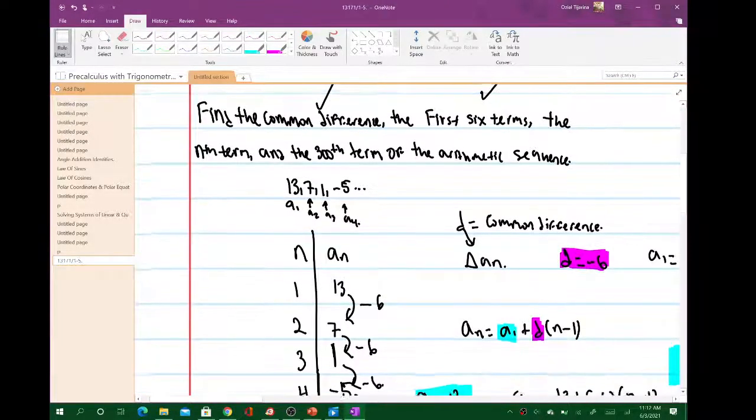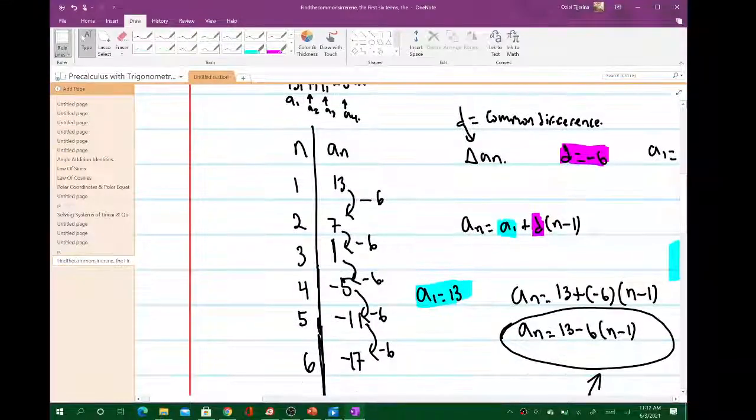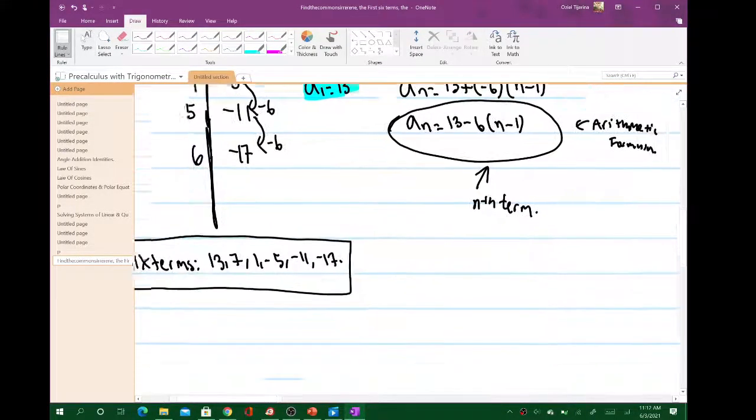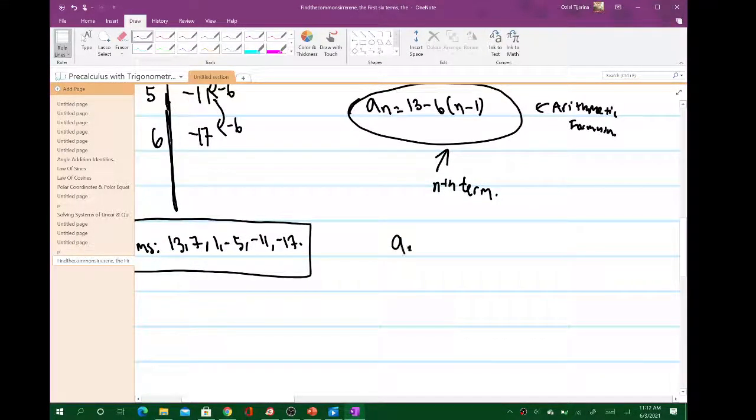Then they also want the 300th term of the arithmetic sequence. So if we do a sub 300, we go ahead and plug in 300 for n here. So we have 13 minus 6 times 300 minus 1. That's going to be 13 minus 6 times 299.